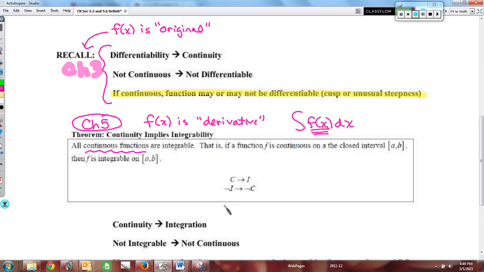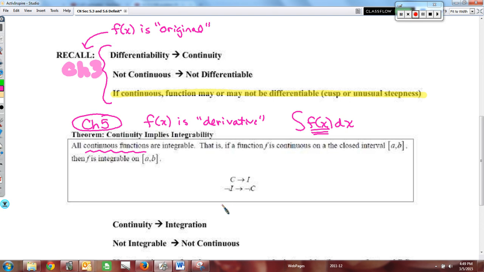The problem was either that the function you had originally had a cusp or unusual steepness, or it was discontinuous. In any of those three cases, when you take the derivative it will not be continuous. Okay?